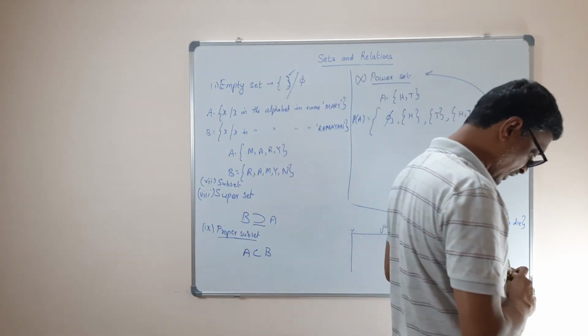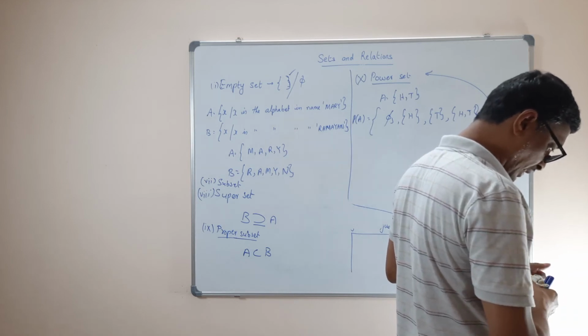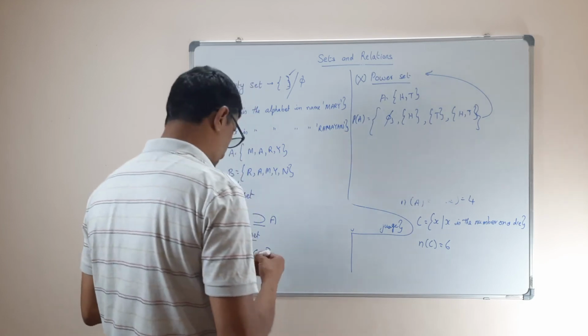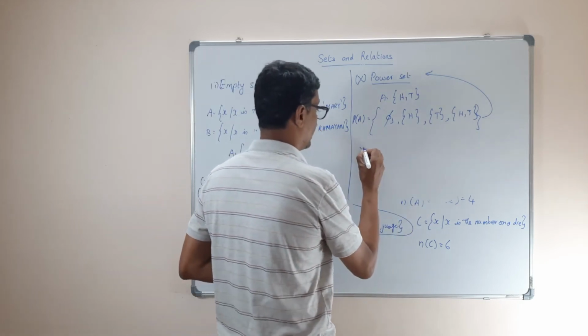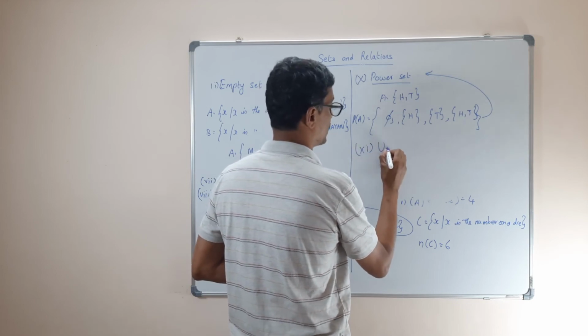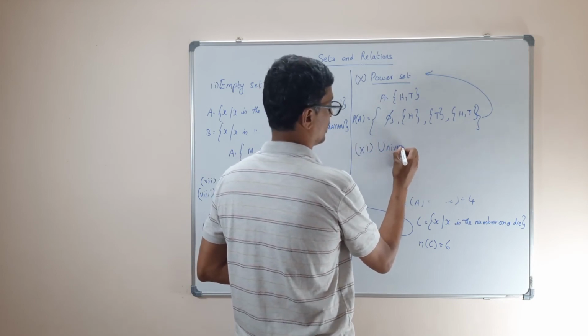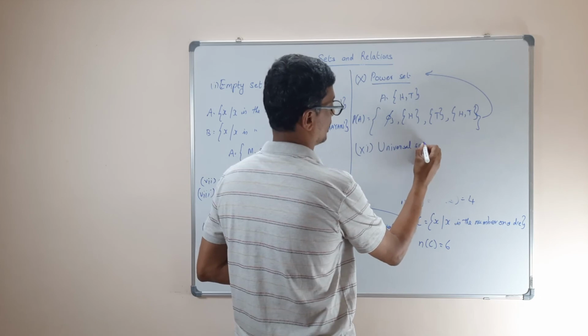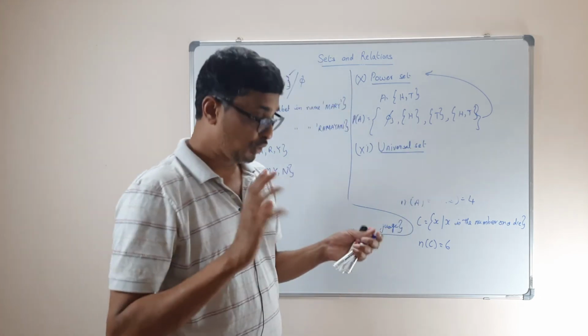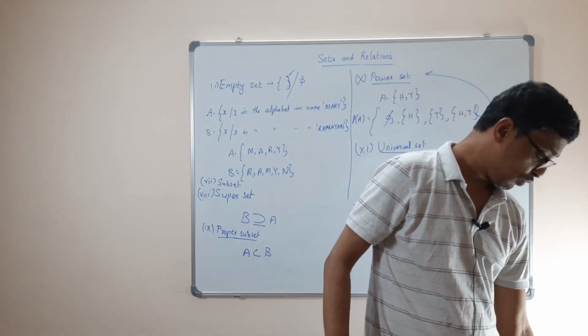We saw the power sets and equal sets, and the last one you're going to see, that's the 11th one. That is an important set, what we call the universal set. Why is it an important concept?